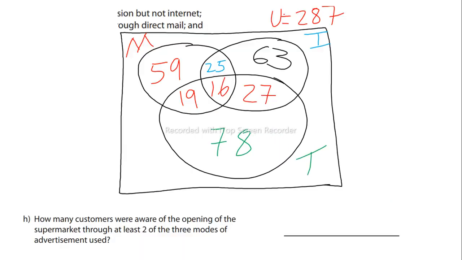Okay, so this one is interesting. How many customers were aware of the opening of the supermarket through at least two of the three modes of advertisement used?